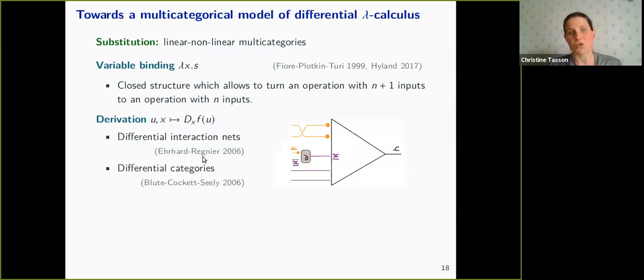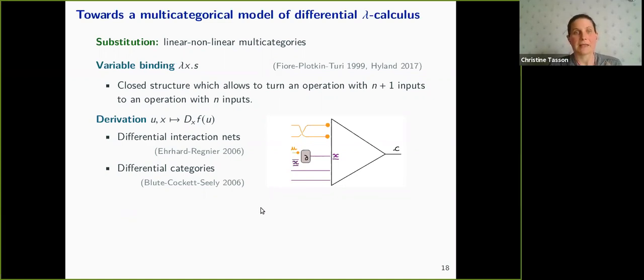And for that, I can use the differential interaction nets or their categorical version as a guide, because what I will have to do is to describe this derivation operator, which takes an operation with a nonlinear variable and produces another operation in which I have two new inputs, one which is linear and one which is nonlinear.